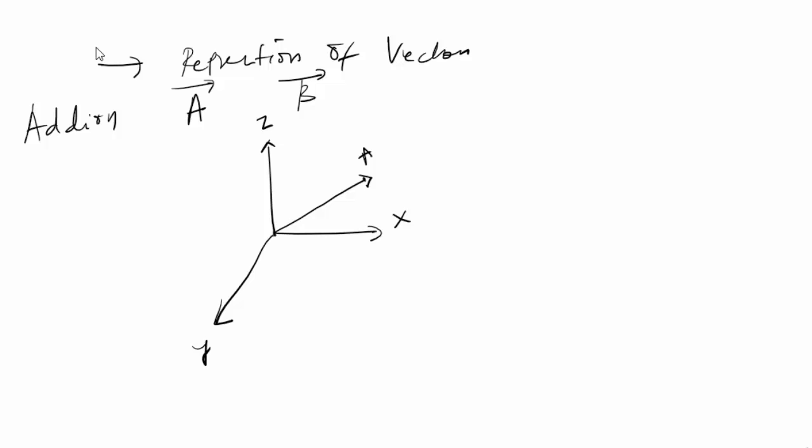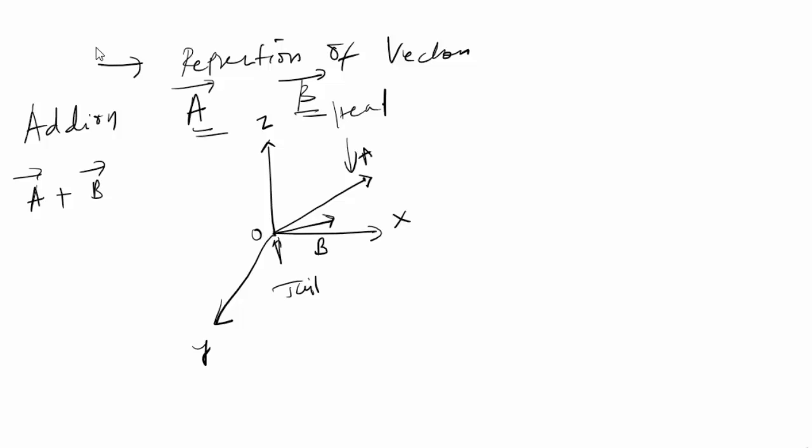and if this is my B vector, both are starting from O, but I'm not considering it as O, I'm simply saying this is my A and B vector. Now I want to do the addition of vector A plus vector B. The simple way to add the vectors is that I take this whole vector and put the tail of this vector on the head of this vector.